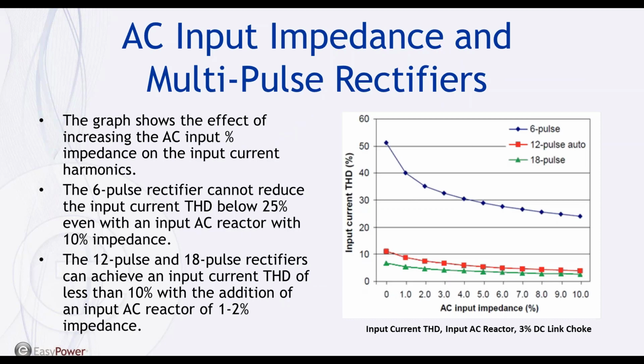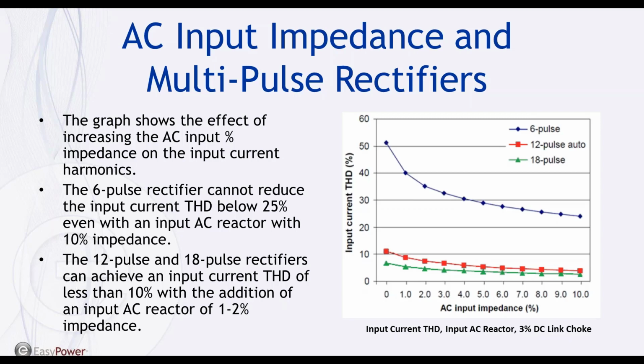This graph shows the effect of increasing the AC input percent impedance on the input current harmonics. The 6-pulse rectifier cannot reduce the input current total harmonic distortion below 25%, even with an input AC reactor with 10% impedance.